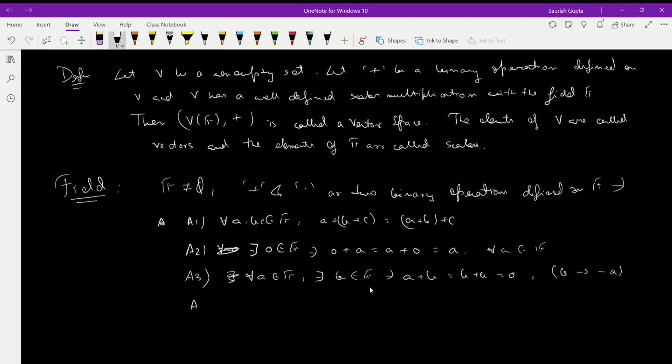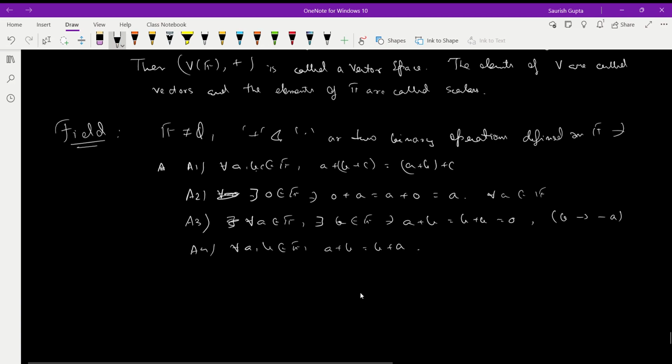B is denoted as minus A. And the fourth axiom is that for all A, B in F, A plus B equals B plus A. You can notice from here that when we defined the non-empty set V with respect to the binary operation plus, we had only these four axioms. So this non-empty set F with respect to addition forms an abelian group.